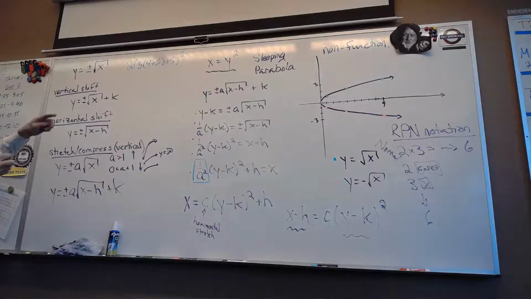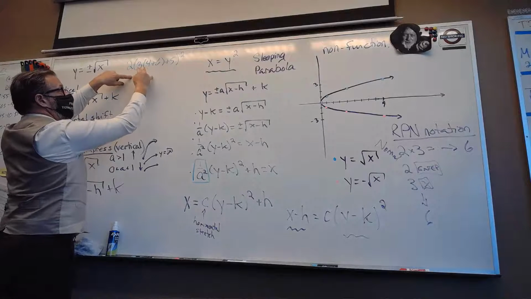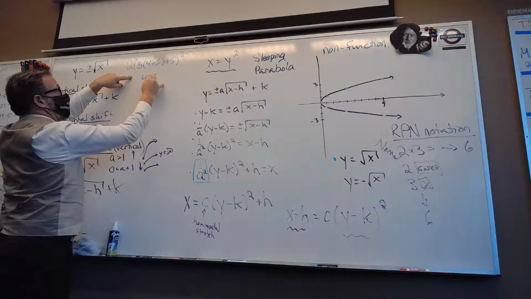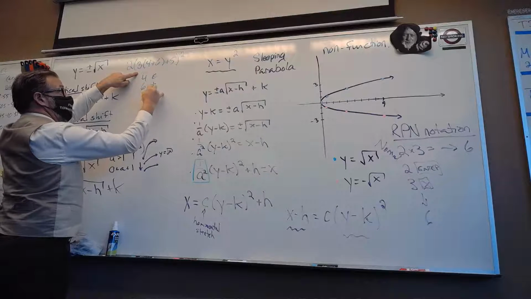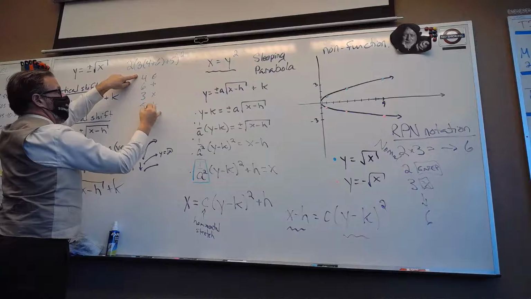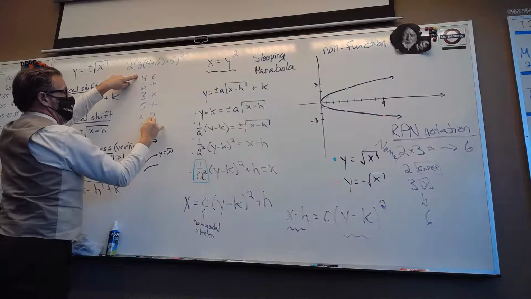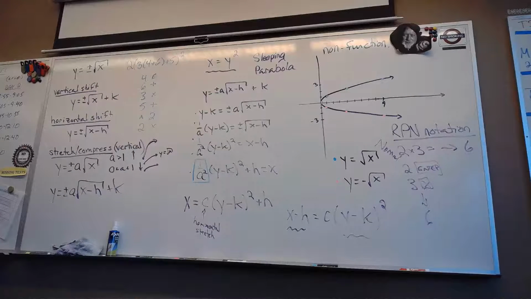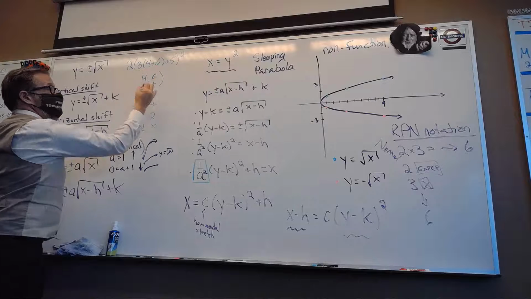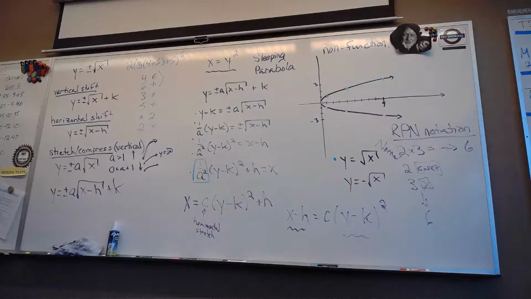In RPN notation, I would type 4 enter, 6 plus, 3 times, 5 plus, squared, 2 times. That would just confuse me after a while. Well, actually, it confuses you at first, and then it gets really easy. Because you just start at the inside of your parentheses and work your way out.